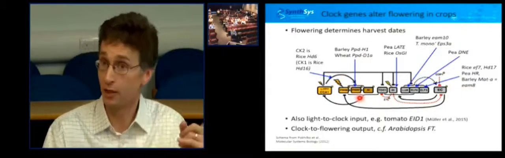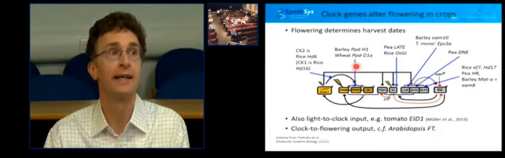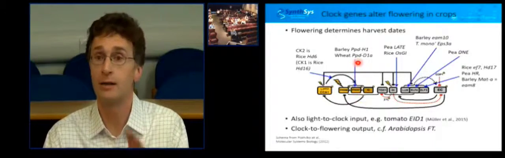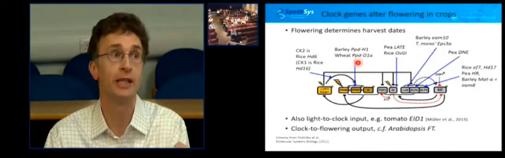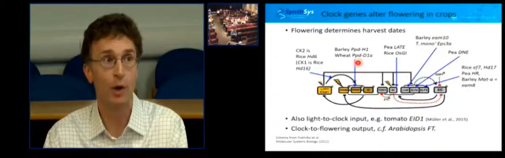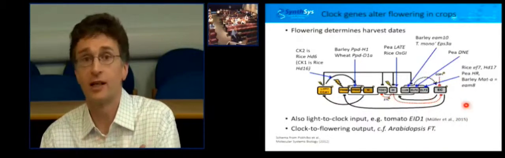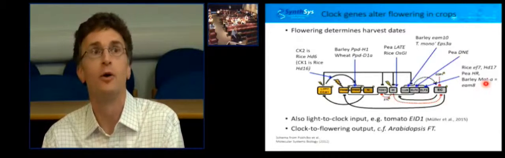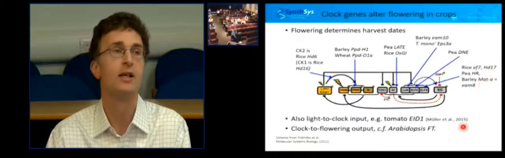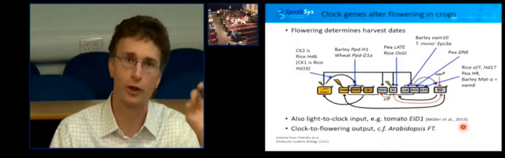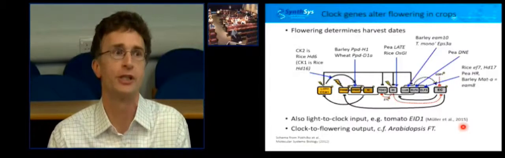The gene that I mutated on the previous slide is this PRR7, and that is the homolog of the barley major photoperiod control locus, which is used in breeding, so PPDH1 or PPD-D1A in wheat. Over here, one of the evening genes, L3, I'd highlight. This is MAT-A of barley, or the HD17 flowering time QTL in rice. So these same genes that control the clock in Arabidopsis also control photoperiodic flowering in crop species.